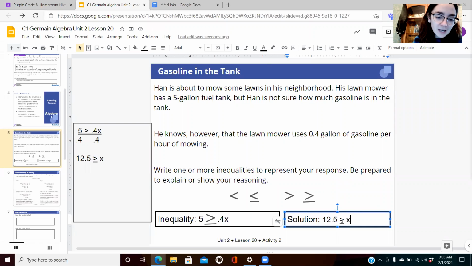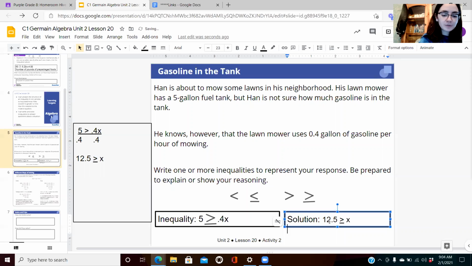12.5 is greater than or equal to x. So x is never going to be larger than 12.5. And it's funny because Peyton said it the same way, except she said it opposite. She said x is less than or equal to 12.5. And both of those mean the same thing. If you wrote it like this, let me rewrite it.